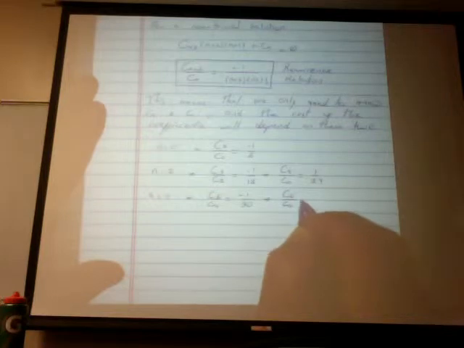Just replace that. So if n equals 4, C6 over C4 is equal to minus 1/30. Therefore, C6 over C0 is equal to minus 1 over 720. And so on and so forth.